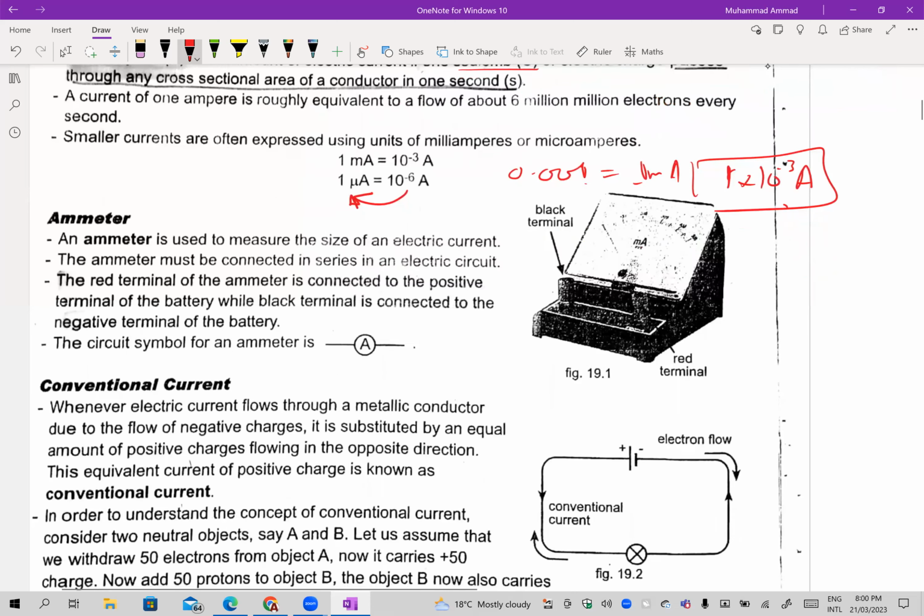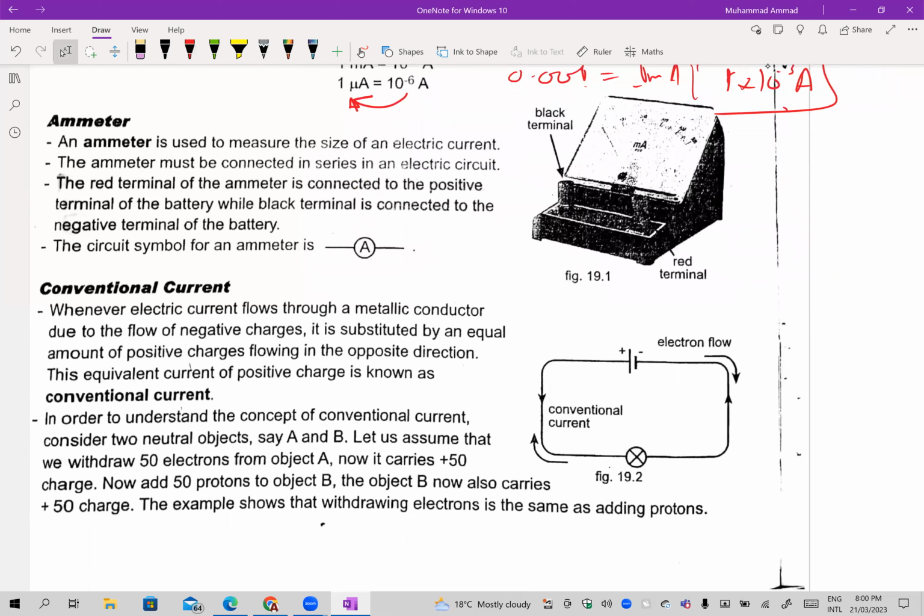So an ammeter is used to measure the size of an electric current, okay? This is a device, an instrument that you use to measure the size of electric current. It is connected in series. Now, this connection in series means that, look, this is an ammeter. So the circuit has to continue this way.